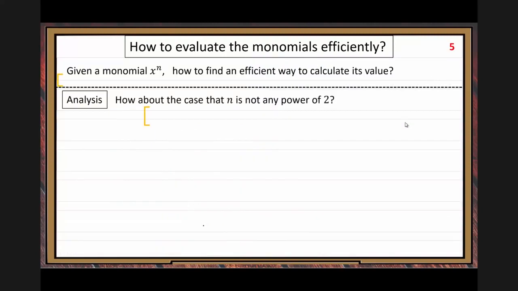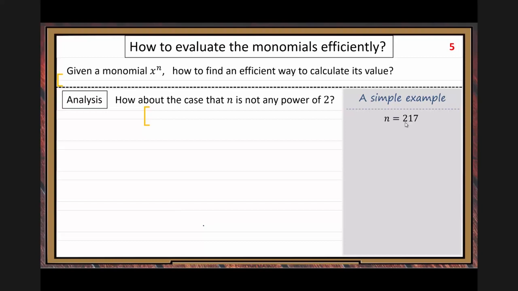Next, we do the extension. This time, we assume n is not a power of 2. We want to use the same idea, reusing our resources in the calculation, to save as much as we can. Before we do the generalization, let's run a relatively simple example to get some sense and understanding.